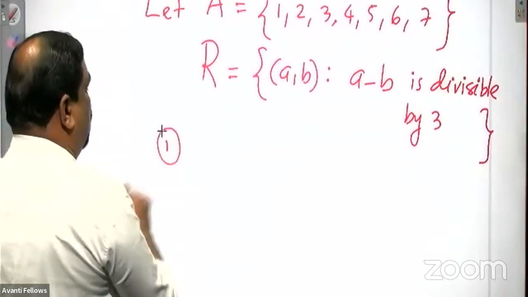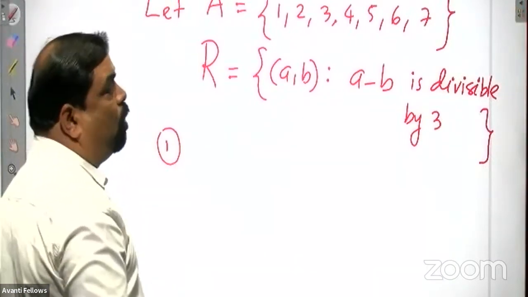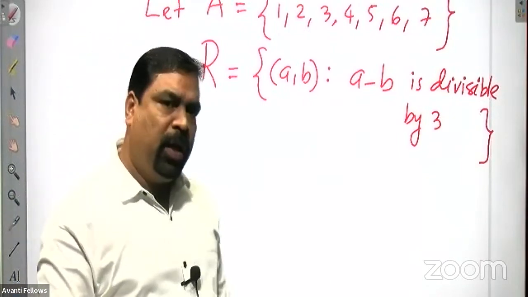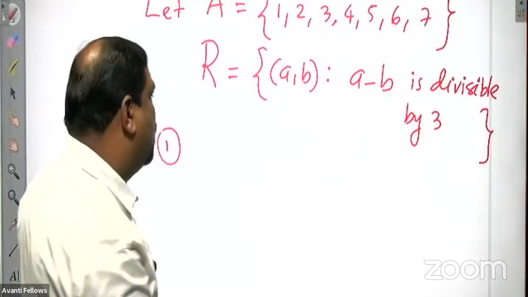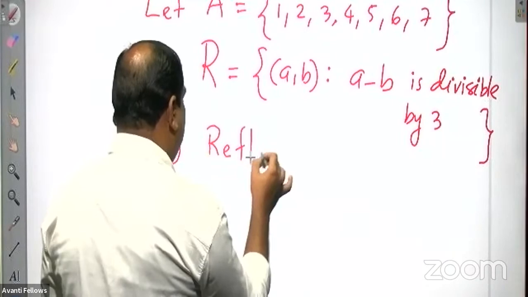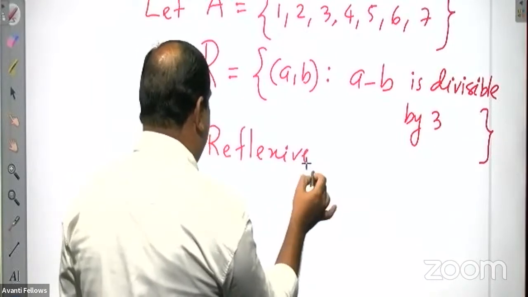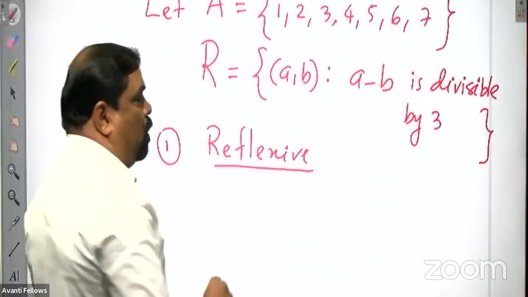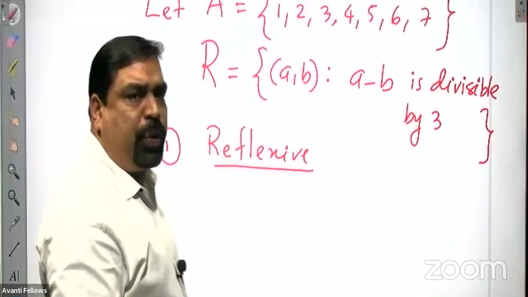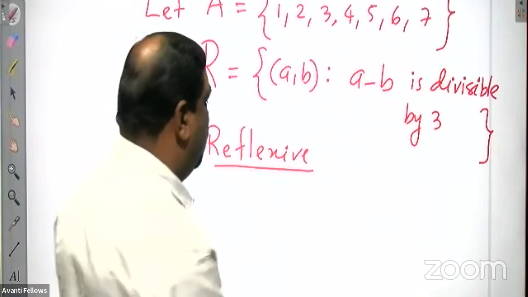For example, the first property, reflexive. Reflexive means we have to prove that every element is related to itself. So we have to prove that (a, a) always belongs to the relation for every a.